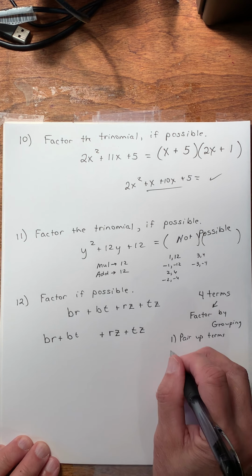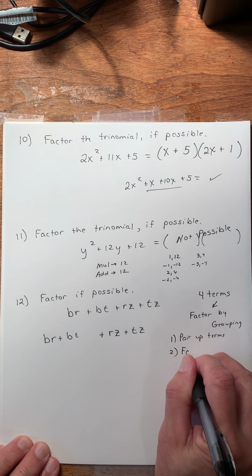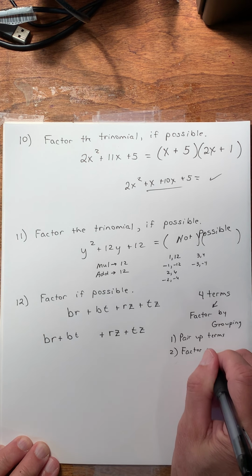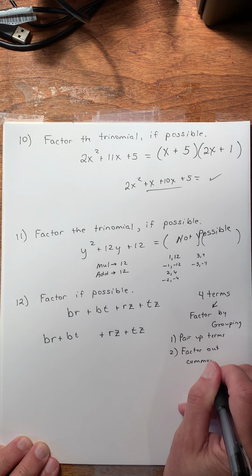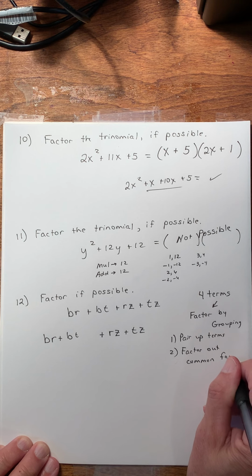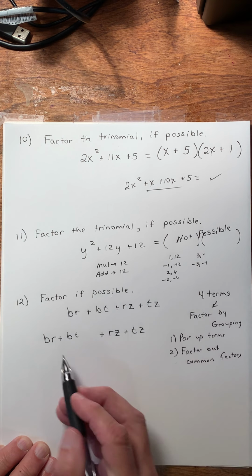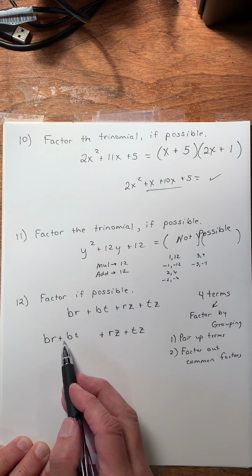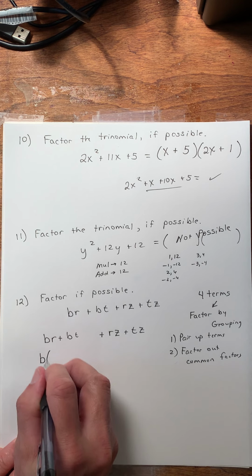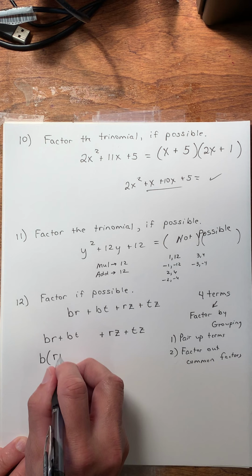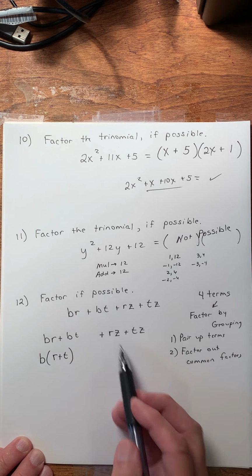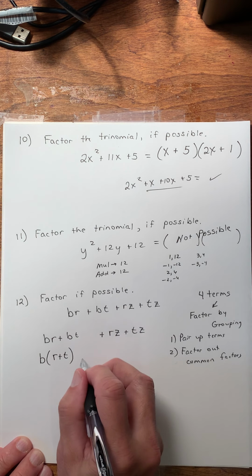All right. Step 2, factor out the common factor. We saw something the two terms had in common. These two guys both have a B. Factor it out. What does that leave? R plus T. What do these two guys have in common?